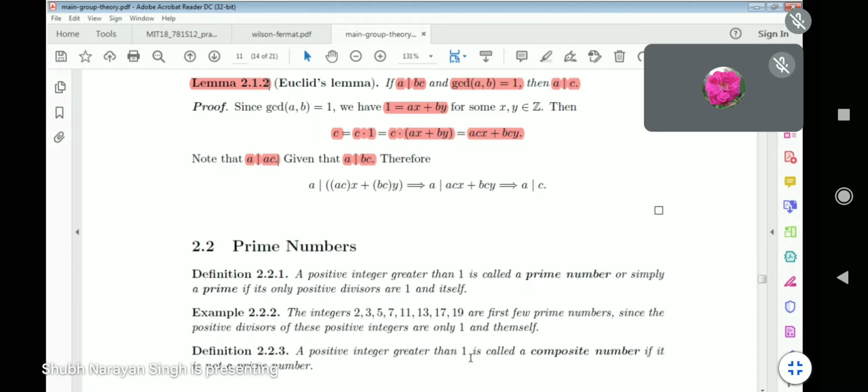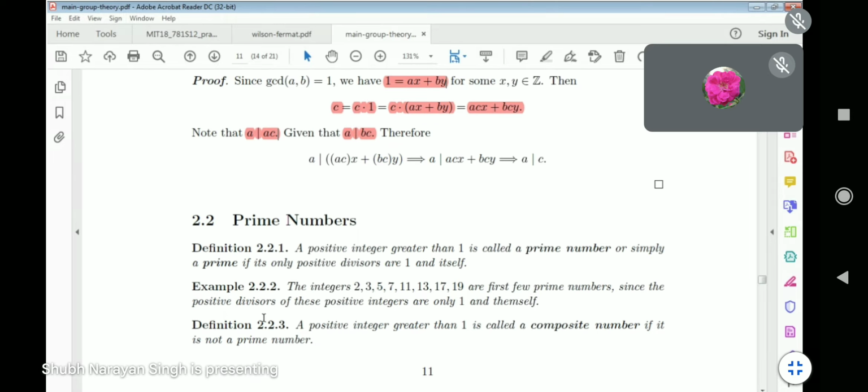Now, I'm just recalling the term prime number. I believe that all of you know about this term. A prime number, also known as a prime, is any positive integer greater than 1 which has only two divisors, 1 and itself.